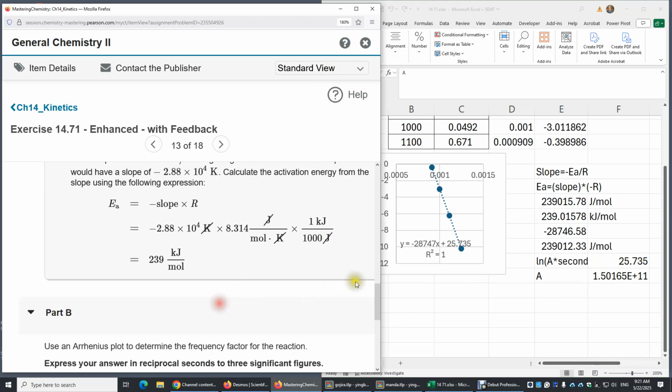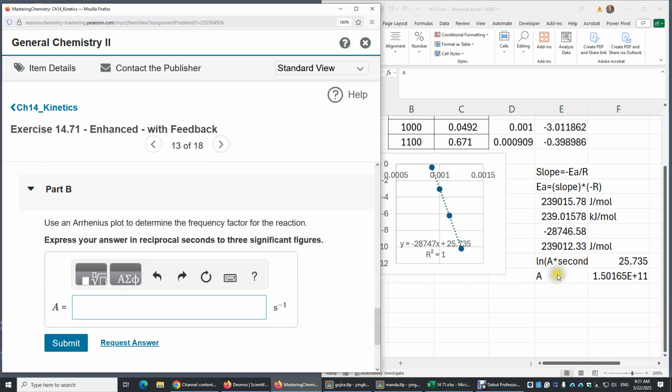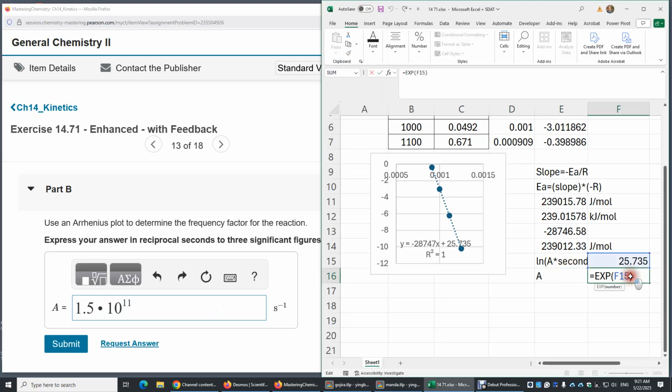But anyways, I'm going to call this the pre-exponential factor, 1.5 times 10 to the power of 11. Alright, so again the equation is A equals exp, which is exponential, e to the power of Ln A, which is the intercept over here. Submit.